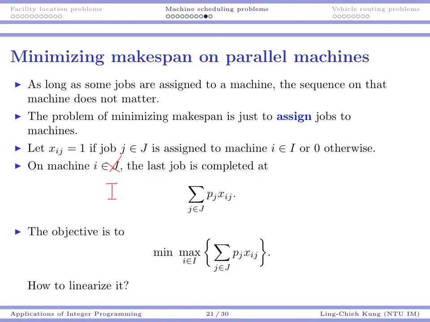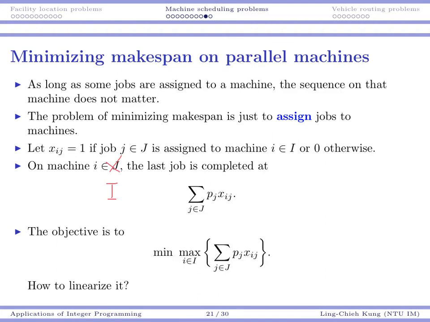If you are talking about machine I, then for some of the j's, Xij would be 1. That's the set of jobs assigned to that particular machine. Then the total processing time or the last completion time on that machine would just be this summation. Then your objective would be to minimize the maximum of these total completion times.